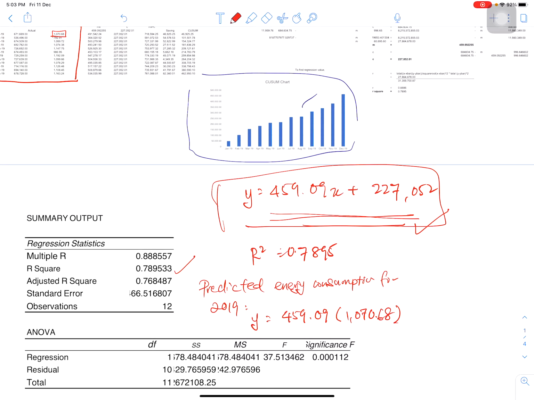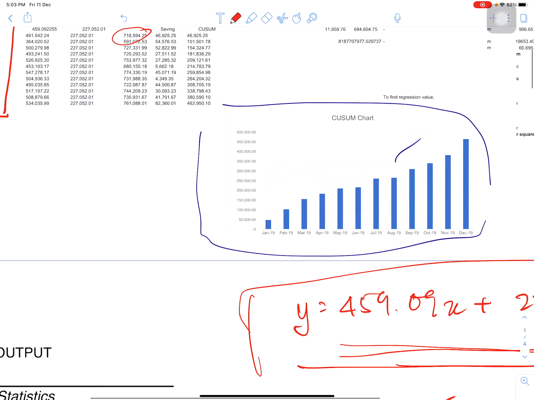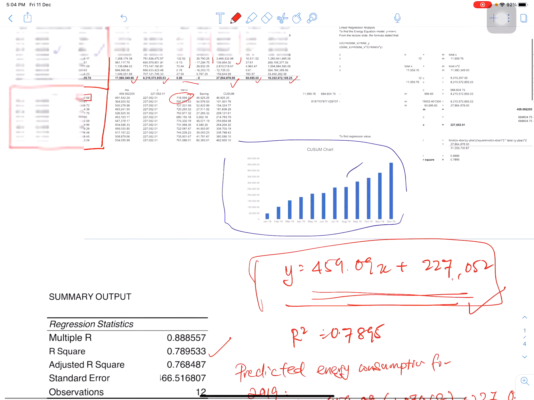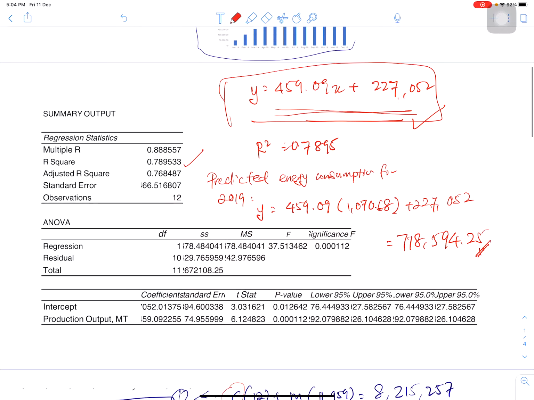The C is here, 227.052. Then we substitute the x, so we have 718,594.25. So this is the predicted energy consumption for 2019.